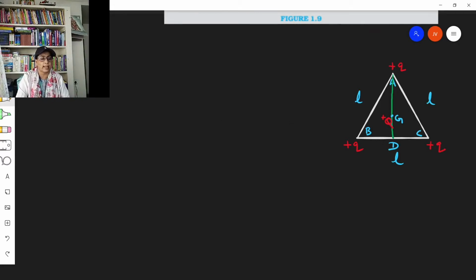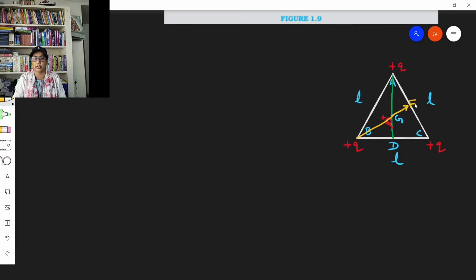Let us start calculating the force on Q due to charges at the vertices ABC, and because all the charges are of same polarity, there will be force of repulsion only, and according to Coulomb's law, the electrostatic force of repulsion or attraction always lies along the line joining the centers of the charges. So charge at B exerts force on Q in this direction.